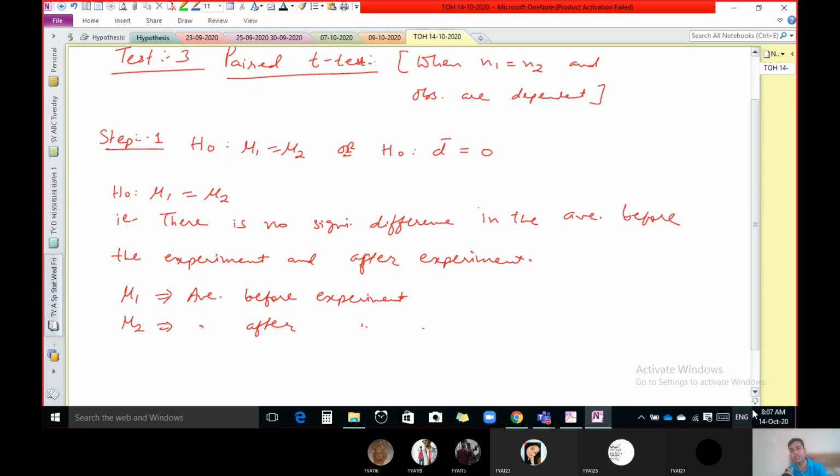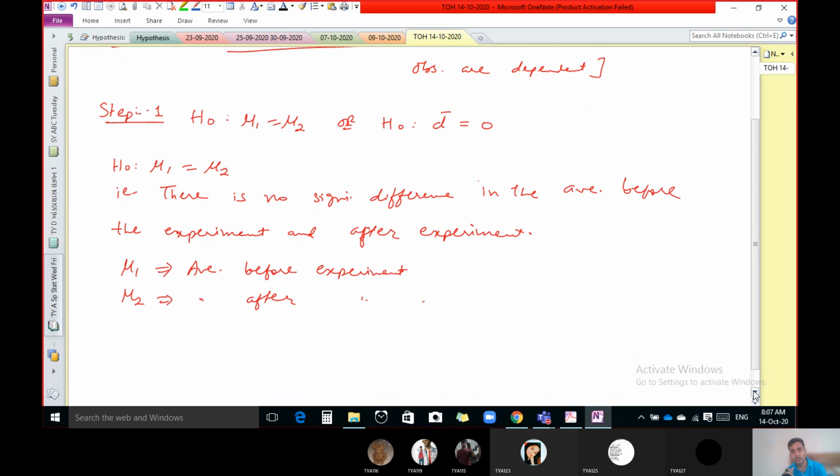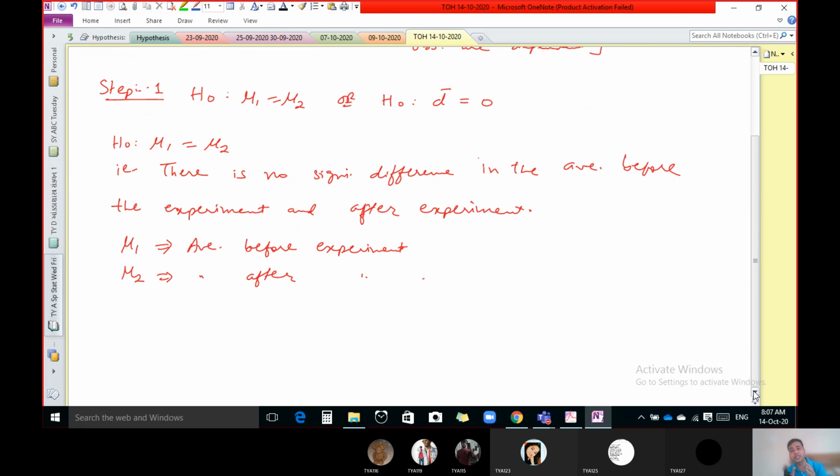How to check this? If there is a significant difference in the marks of the students before my teaching and after my teaching, then we can say that yes, my teaching is effective.